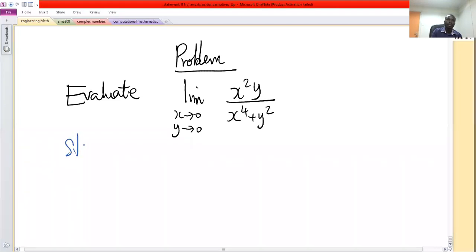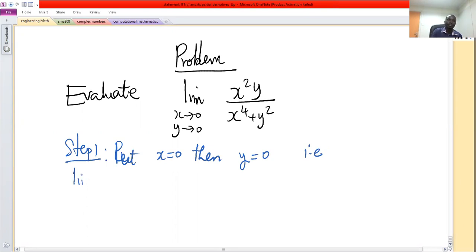Step 1, we put x equals 0, then y equals 0. This is what we mean. You write the limit as x approaches 0, y approaches 0 of x squared y over x to the power 4 plus y squared.